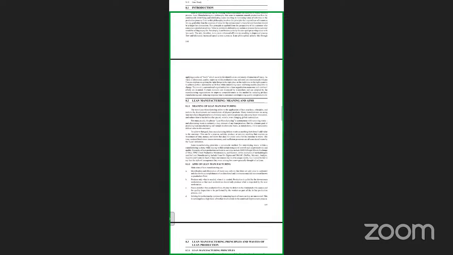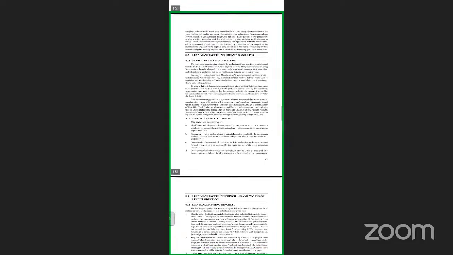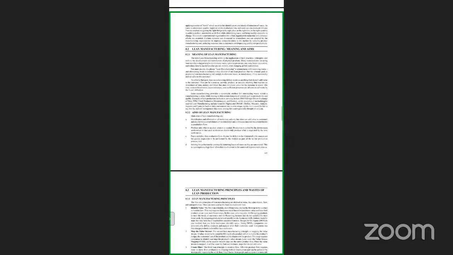So how? Lean manufacturing provides a systematic method for minimizing waste within a manufacturing system, while staying within certain margins of control such as productivity and quality. Examples of lean production methods in use today are SMED, that is single minute exchange of die, TPM, that is total productive maintenance, and Kanban.